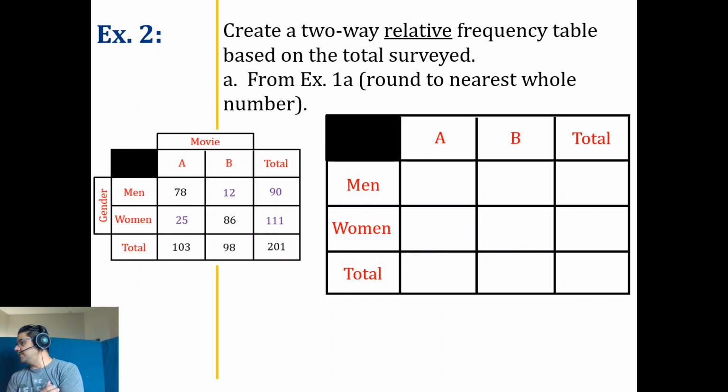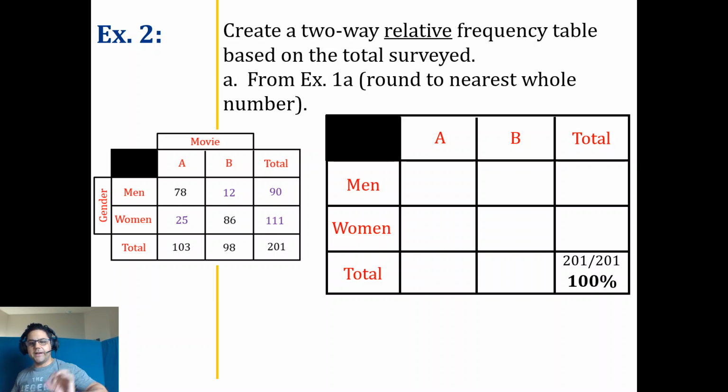But what we're going to do is look at the number and do some basic division. So if you have your calculator or your phone, you can help us. And it says round to the nearest whole number. So for our grand total, we've got 201 divided by 201 gives us 100%.